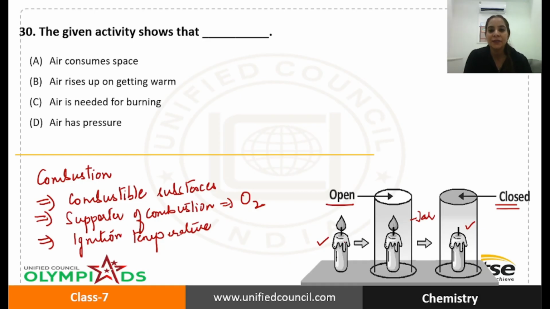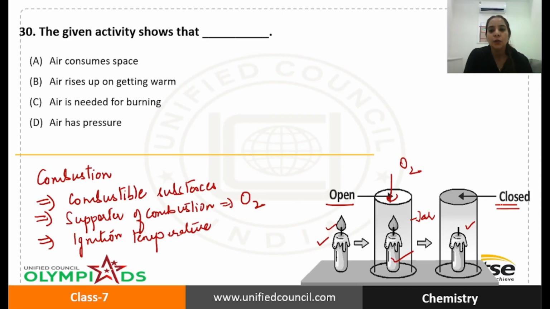Now this activity shows that the candle is made up of wax and wax is a combustible substance. It is open, so it allows oxygen to come in and it is burning. We have ignited it prior, so it is burning now, because ignition temperature is only required initially.